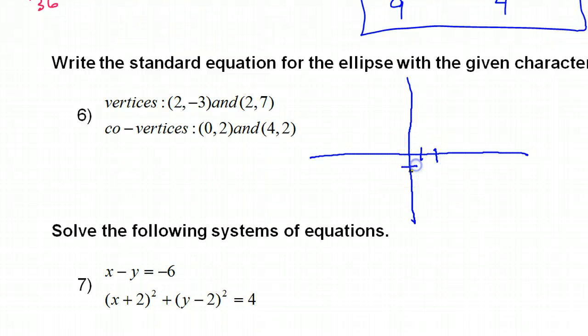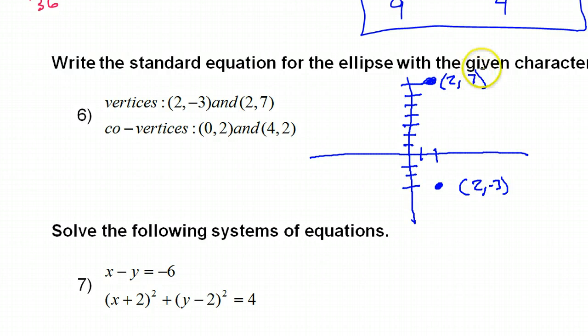Okay, so there's a vertex. And then I've got 2, comma, 7. So 2, comma, 1, 2, 3, 4, 5, 6, 7. Okay, these are my vertices, all right? 2, comma, -3, and 2, comma, 7.